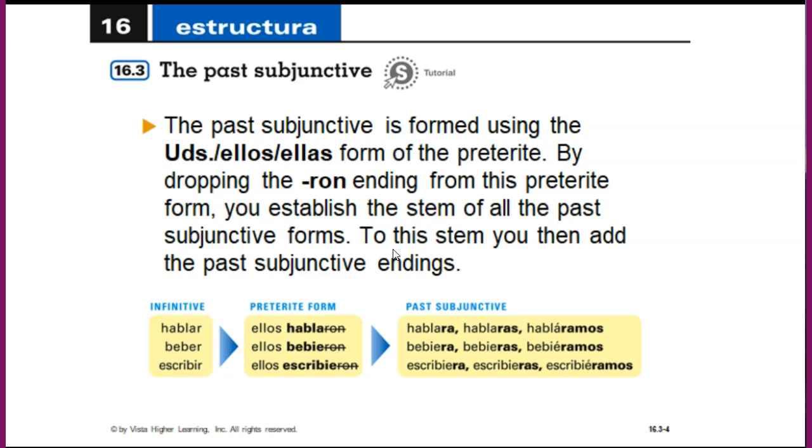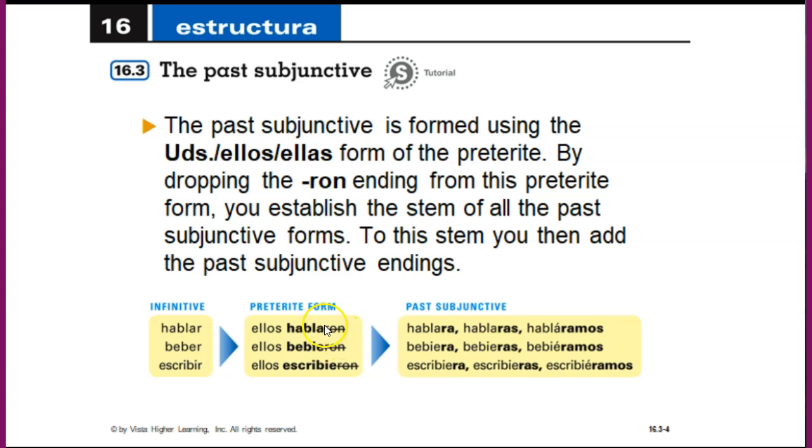If you want to conjugate in the past subjunctive, you have a verb in the infinitive. First you conjugate the verb in the preterite for the ellos, ellas, or ustedes form, right? You are always going to have a verb ending in RON.